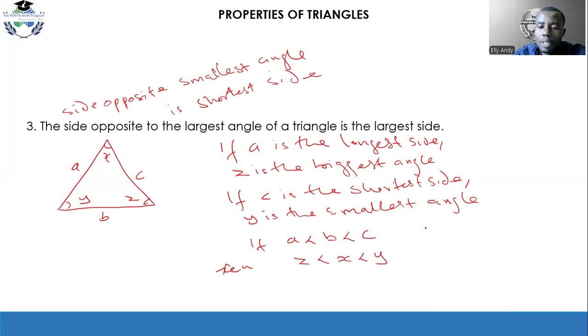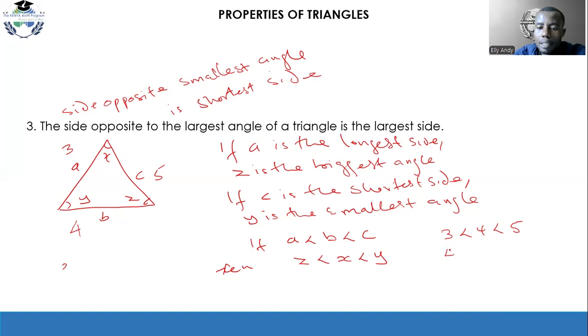So for example, let's say we have a triangle with sides 3, 4, and 5, and we have the angles, let's say 40, 50, and 90.